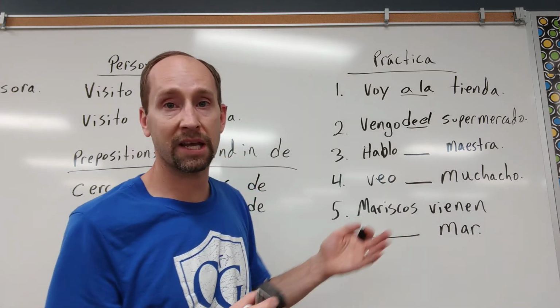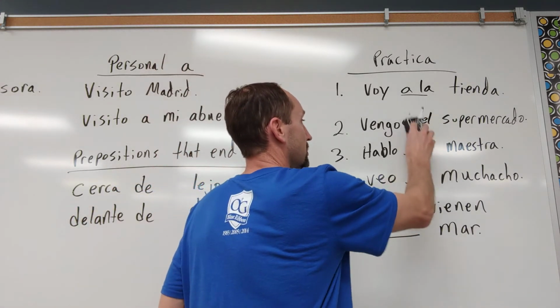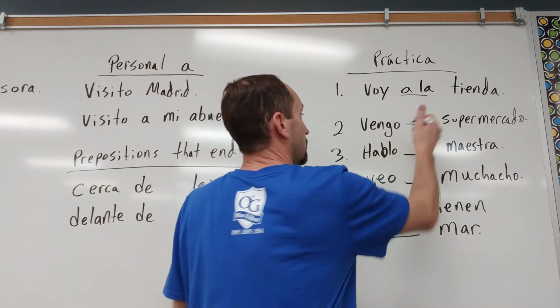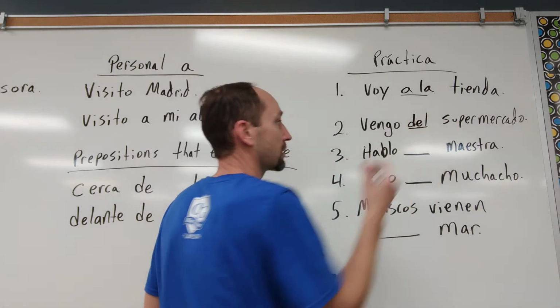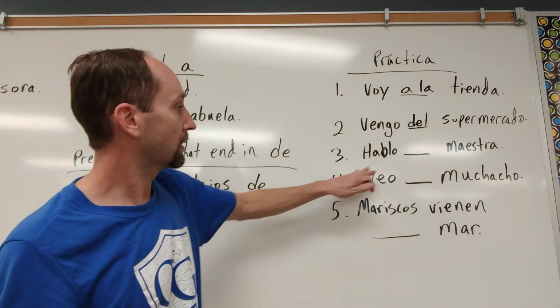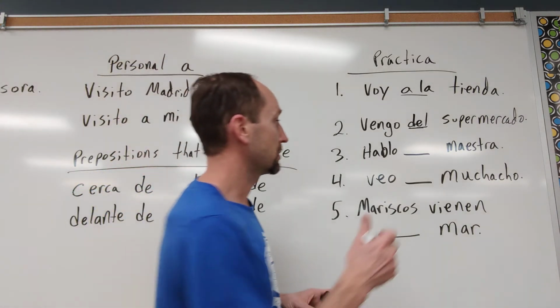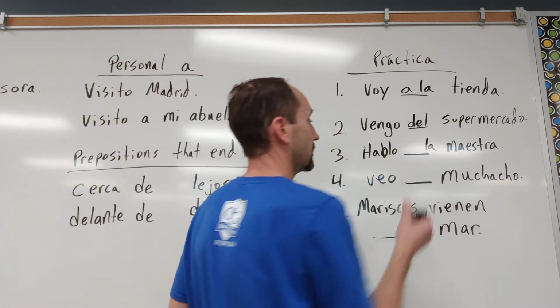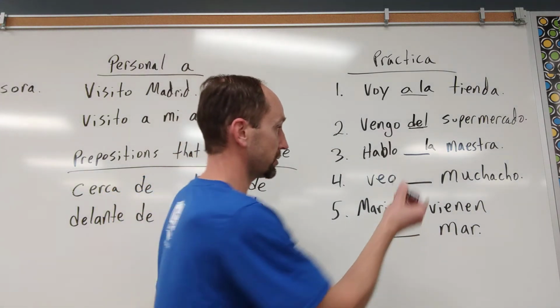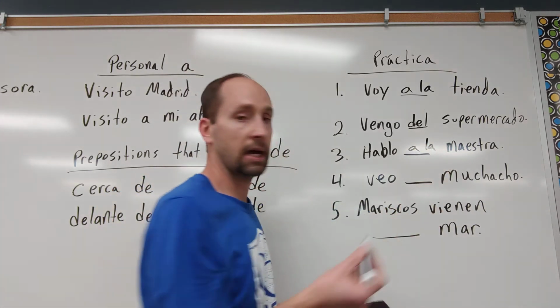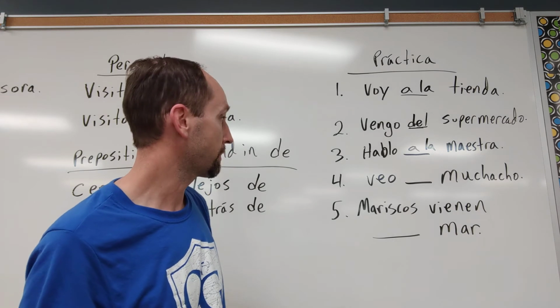And then we've got de and el together, so we must make the contraction del. Okay, I talk to the teacher. Notice it's maestra, so it's la. And then to, or the personal a. A and la don't contract, so we're good there.